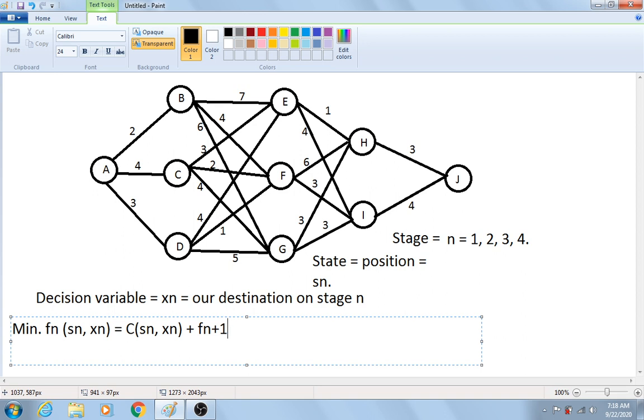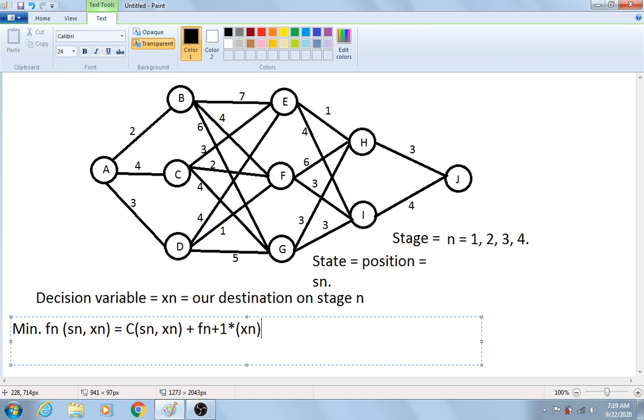So we put F sub n plus 1 star, and it is a function of our decision x sub n on stage n. So it is something like this. Okay, that is our cost function.